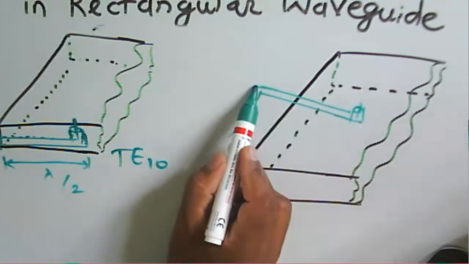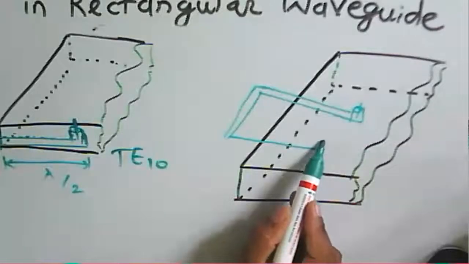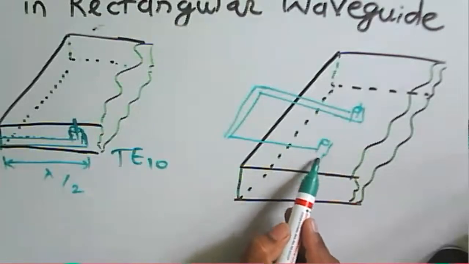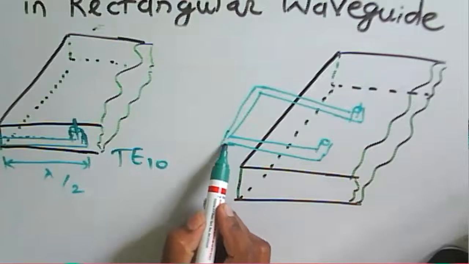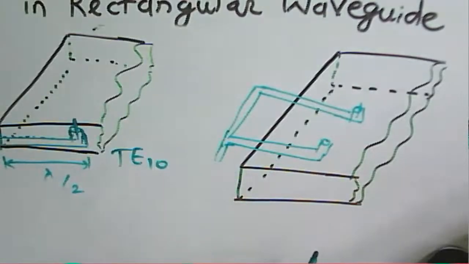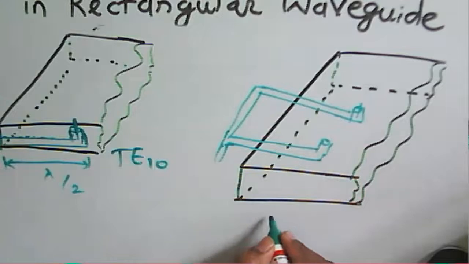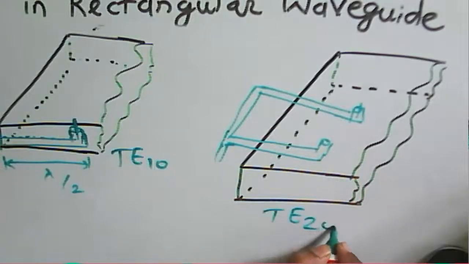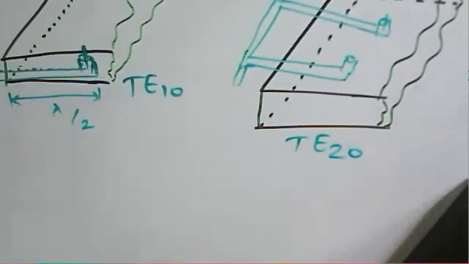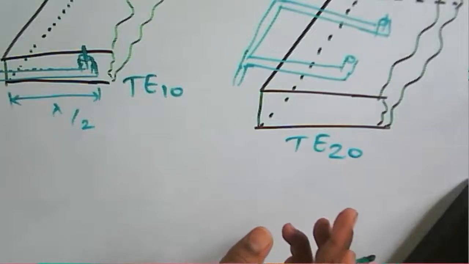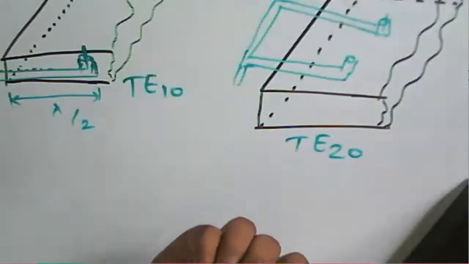We are exciting through one probe here, and we are exciting through another probe. There are two inputs now. Now these are the two probes we are coupling. So that mode we say is TE20. We are just coupling the two modes here, through this guide.